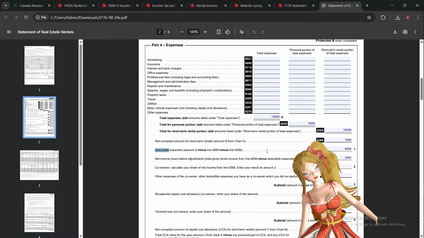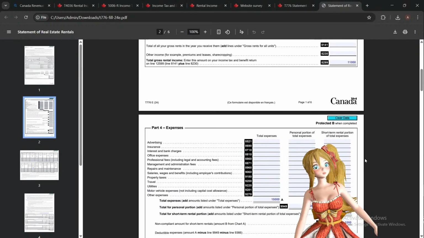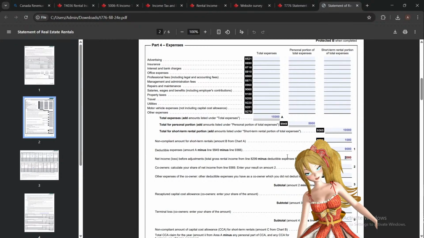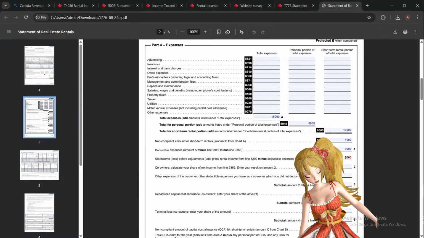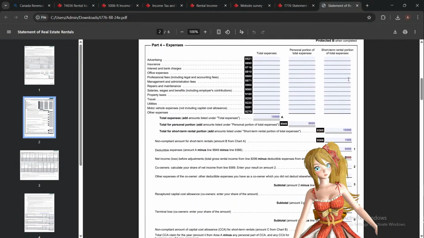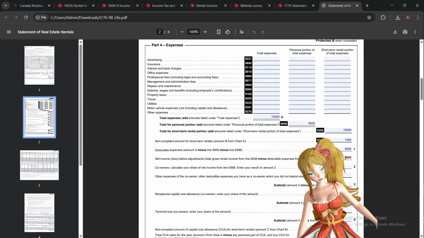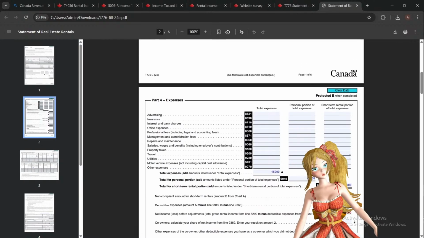Okay, so this isn't really a deductible, is it? And then the net income would be 11,000 minus 9,000 deductible. What? 11,000 minus 9,000 deductible. The net income is still 2,000.